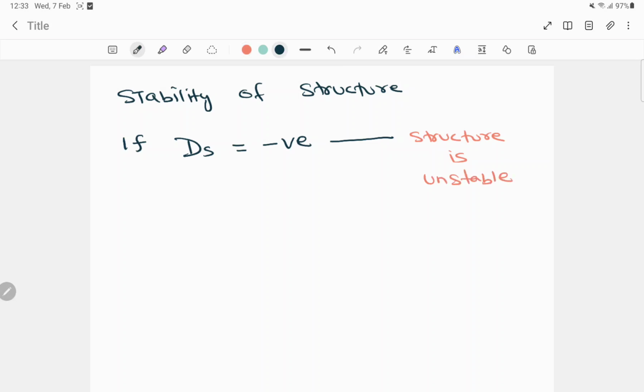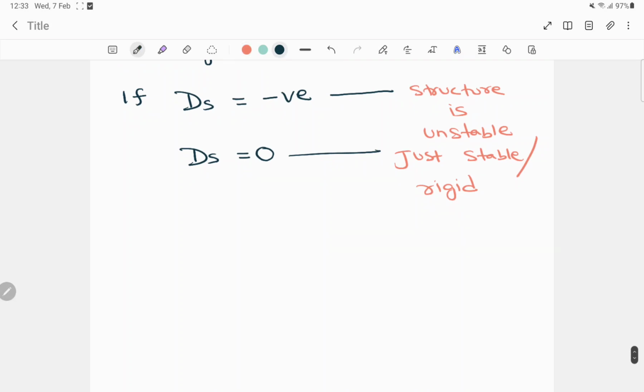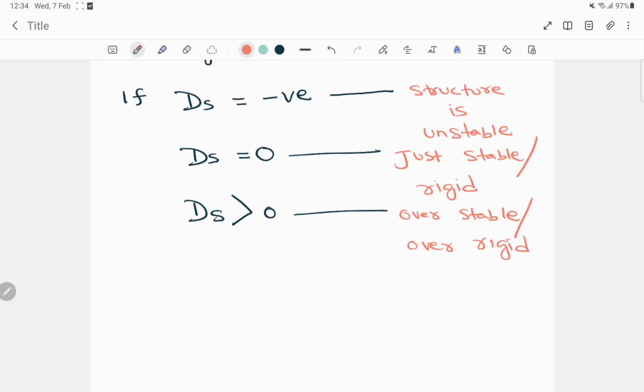Condition number 2: if the ds value comes to be 0, then the structure is just stable, or we can say just rigid. Condition number 3: if the degree of static indeterminacy is greater than 0, then the structure is over stable, or we can say it's over rigid. I'll give examples for those conditions.